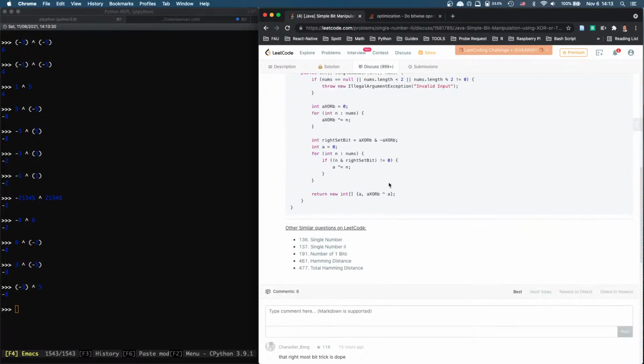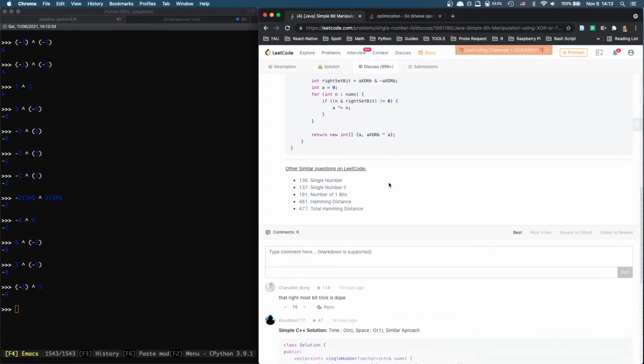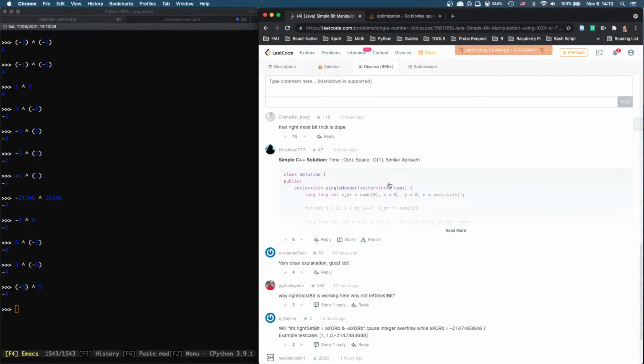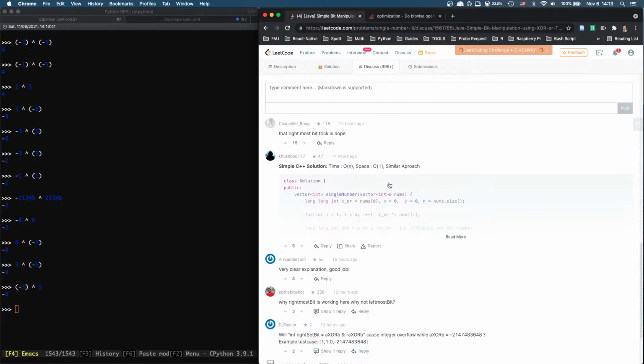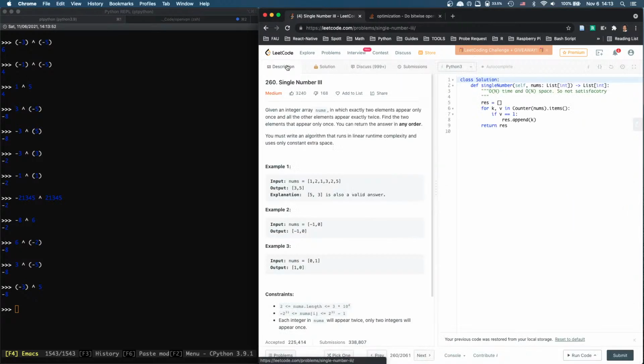The rightmost bit trick is dope. It is dope. My God. I think I understand. Rightmost set bit.